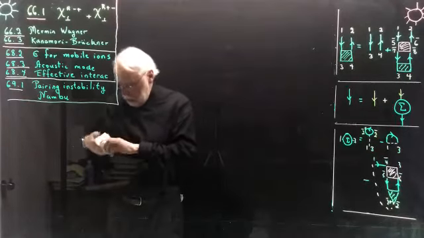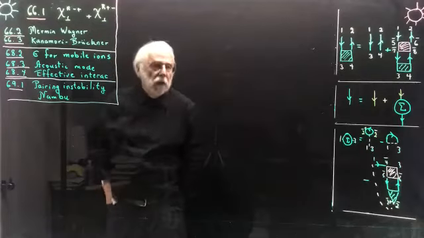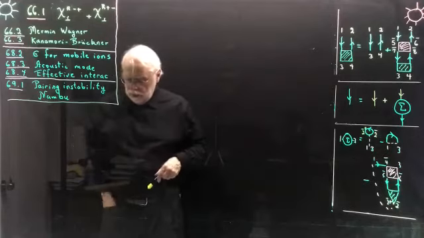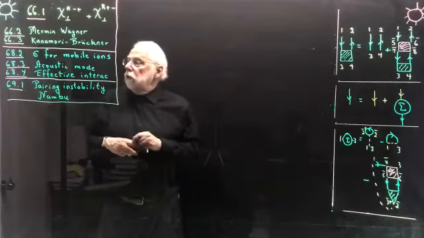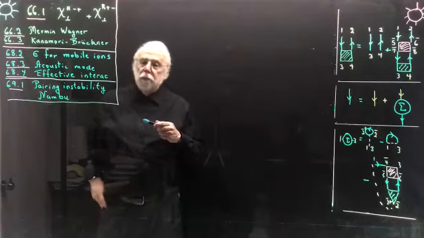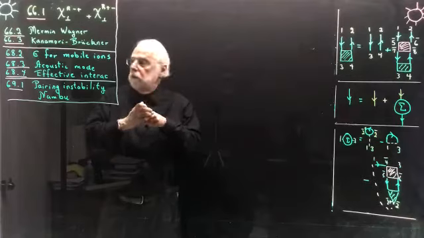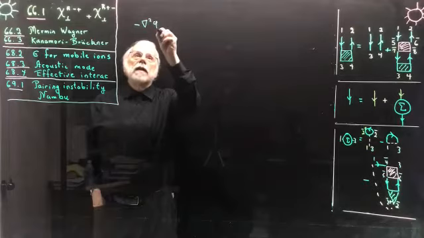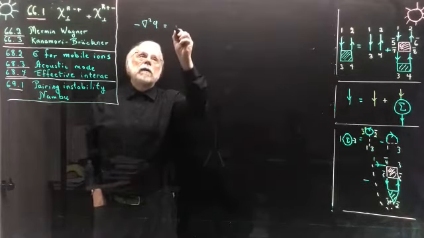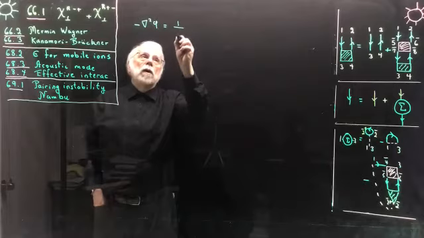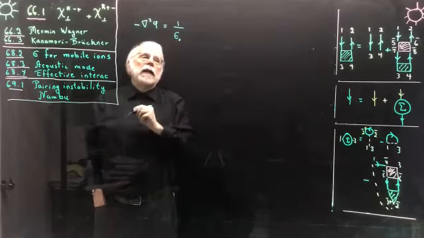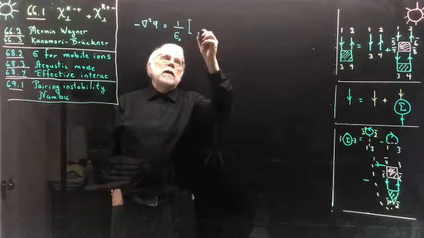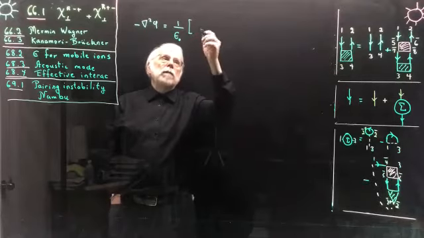Okay, what should I do with this? Okay. So we said that the Poisson equation, so I'm looking at this, minus grad squared phi tells us that it's equal to 1 over the dielectric constant times the charge. And the charge has several components.